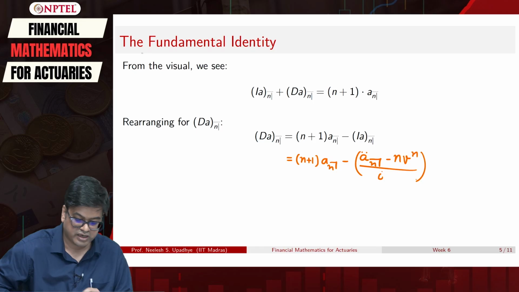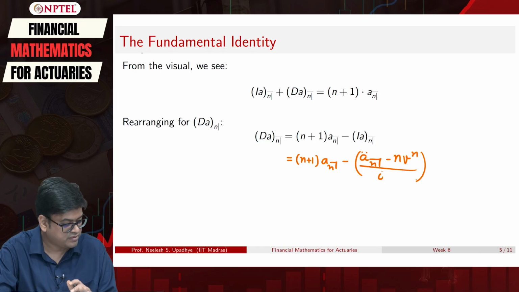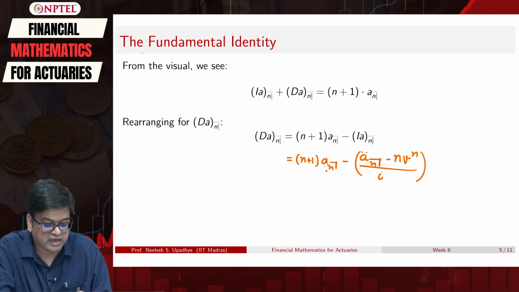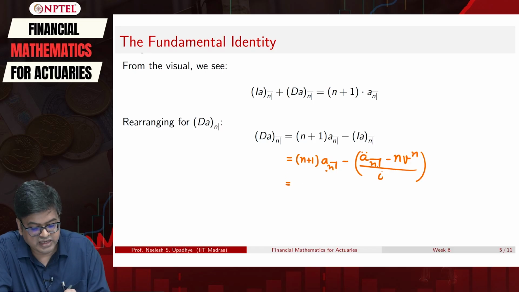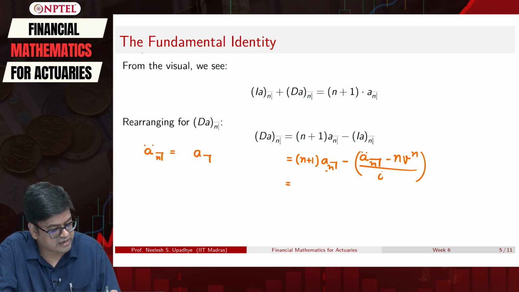Now I have this formula. It will require some time to understand, but this particular thing is in annuity immediate, and this is in annuity due, which is not a good way to handle it. So I have to convert a double dot angle n into annuity immediate. Do I know the relationship between a double dot angle n and a angle n?